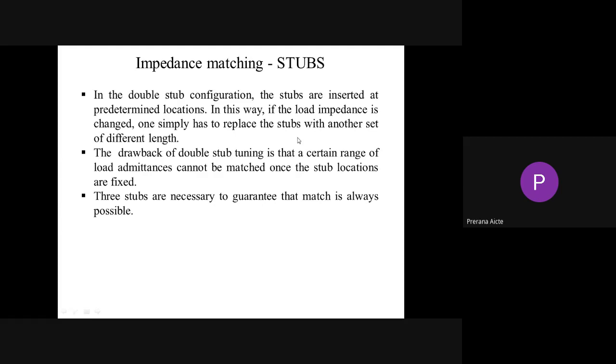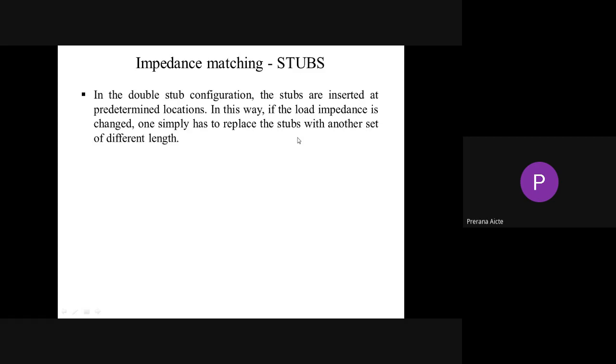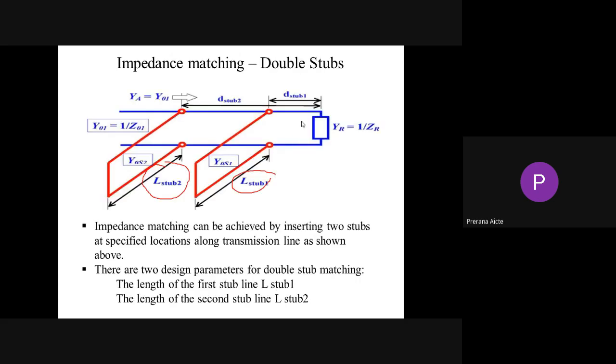In this way, if the load impedance is changed, one simply has to replace the stubs with another set of different lengths. First we connect the stubs at some location, for example at this point from the load. Then we calculate the impedance.